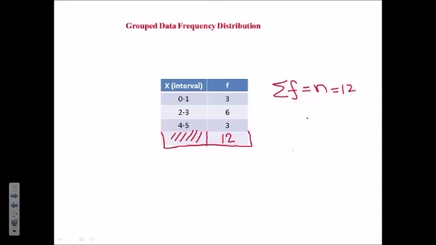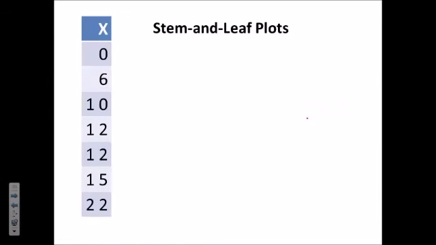Well, we've looked at the same data in many different ways. And now let me show you another way to organize data, but we'll take some different data for this example. This is called a stem and leaf plot. What we can do is take our scores.